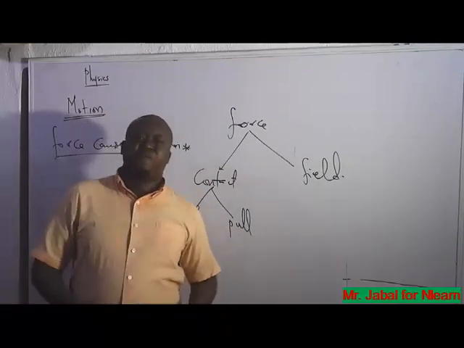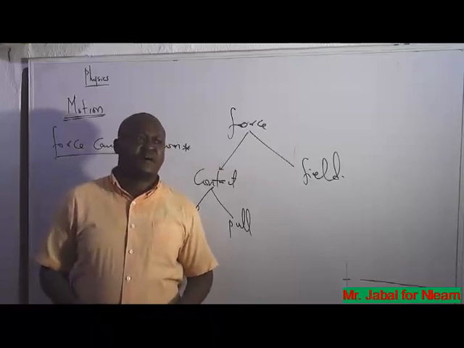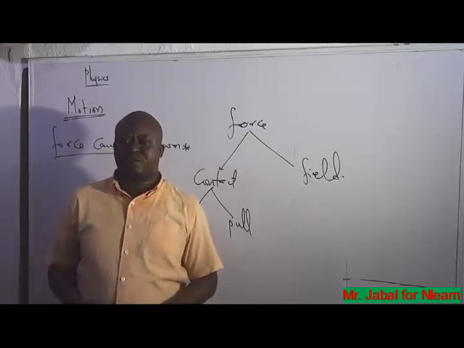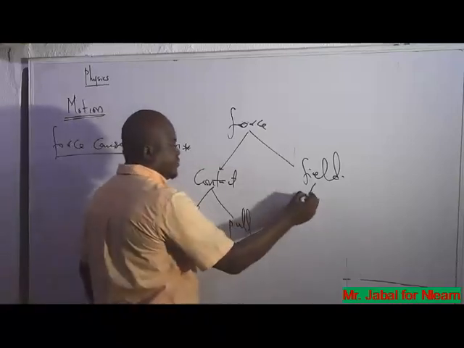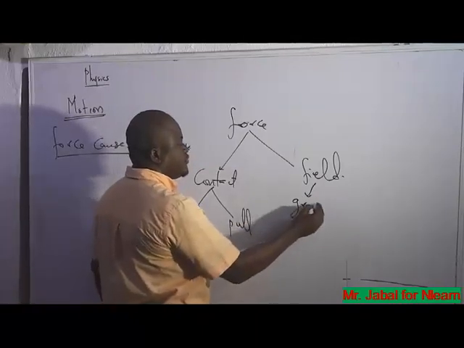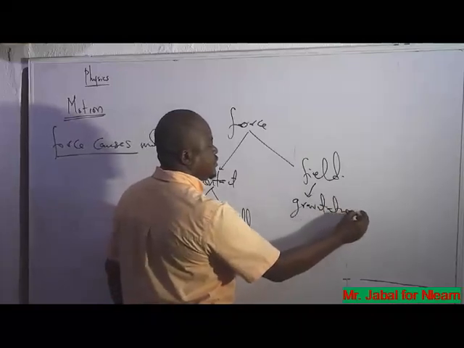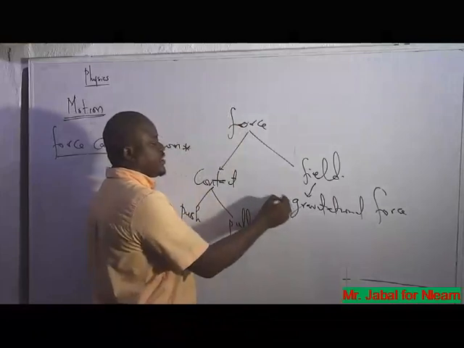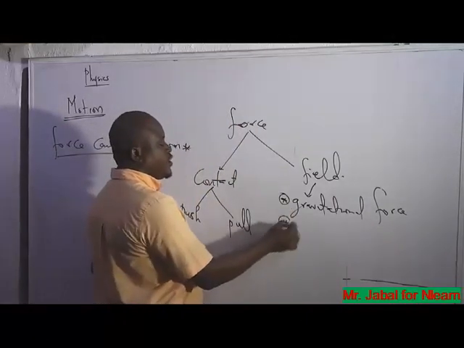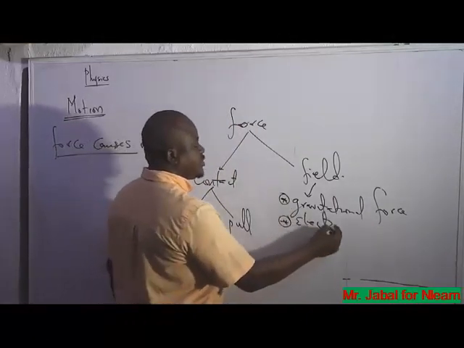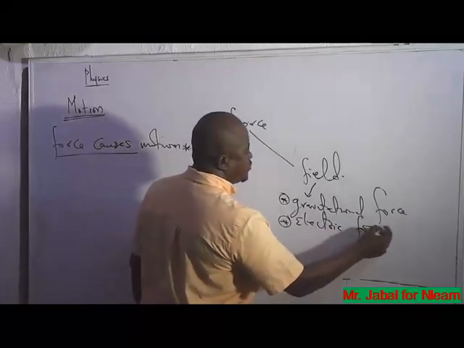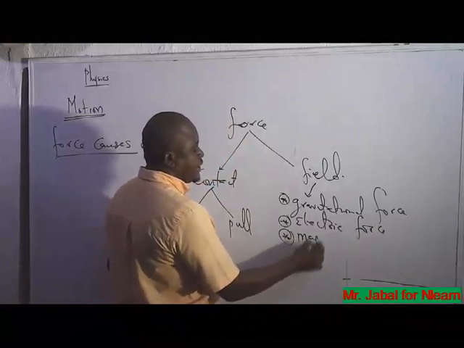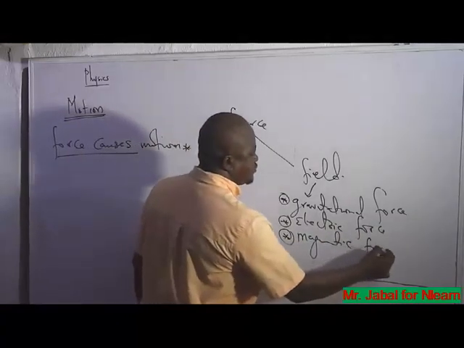Okay, a field force, for example, is the gravitational field. Let me give you an example. Gravitational force is a kind of field force. We have electric force, which is electrostatic, and we have magnetic force.